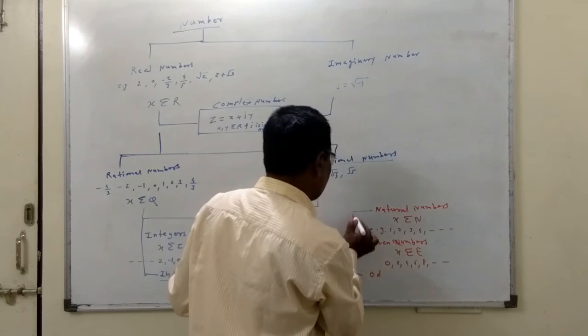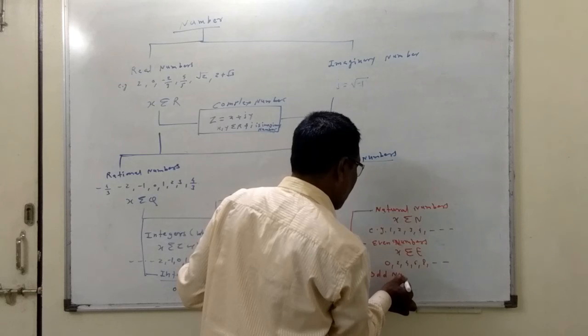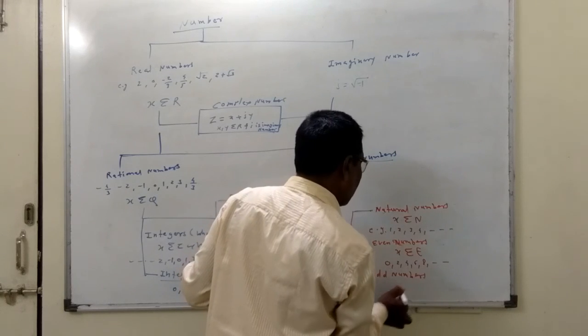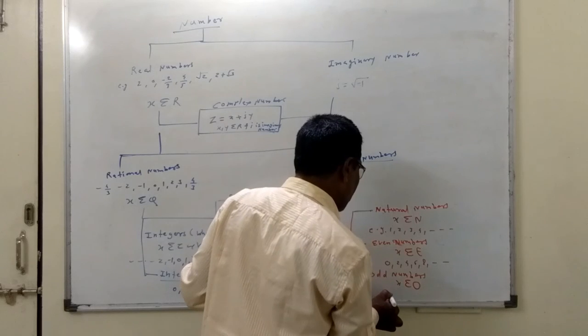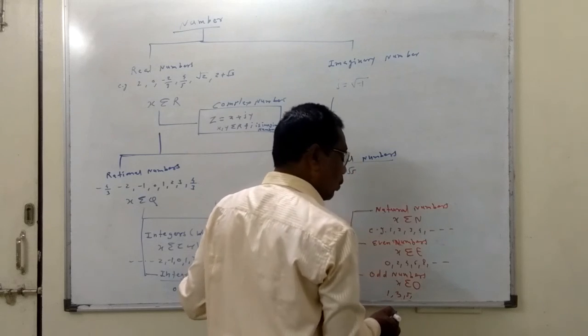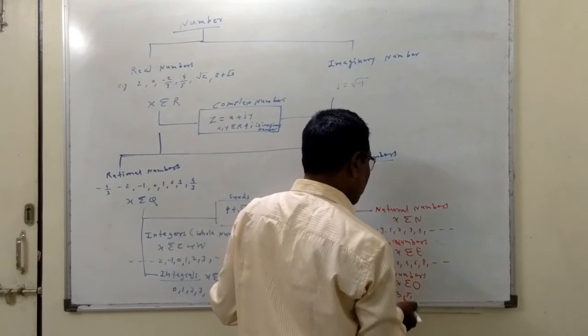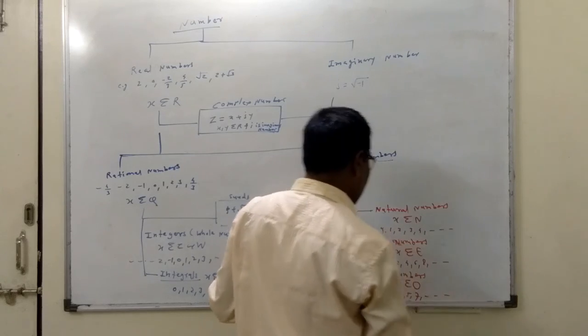Odd numbers: x belongs to O, odd numbers. Which are odd numbers? 1, 3, 5. Those are the numbers which are not divisible by two. Numbers divisible by 2 are the even numbers.